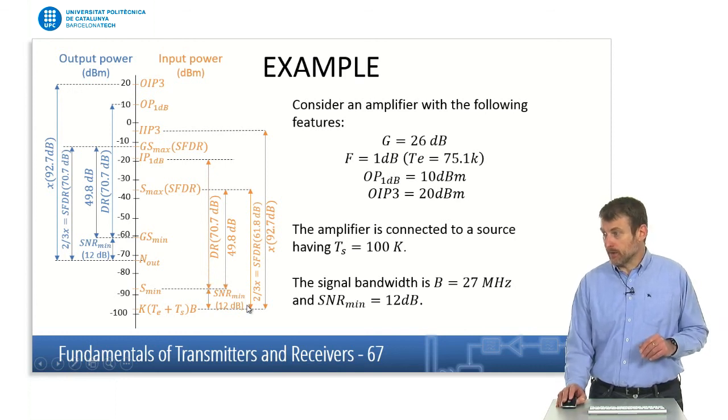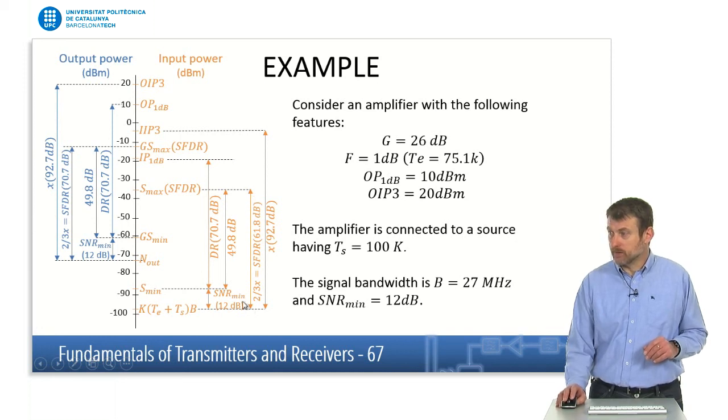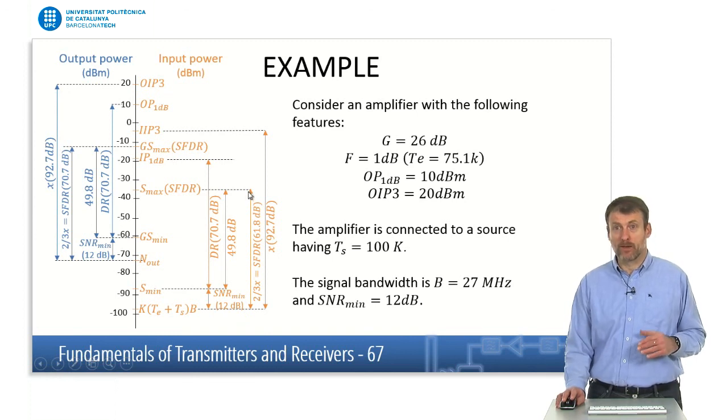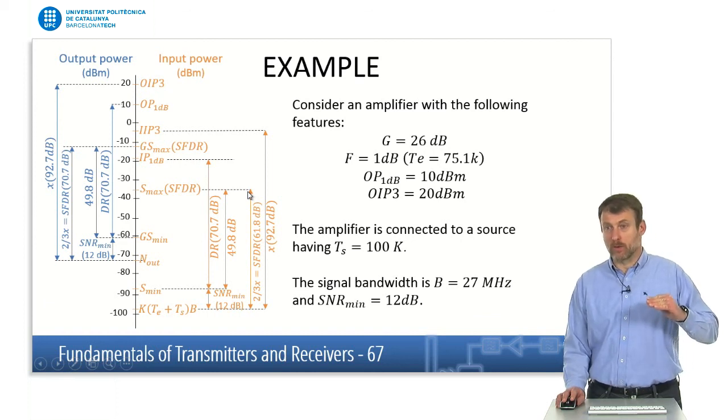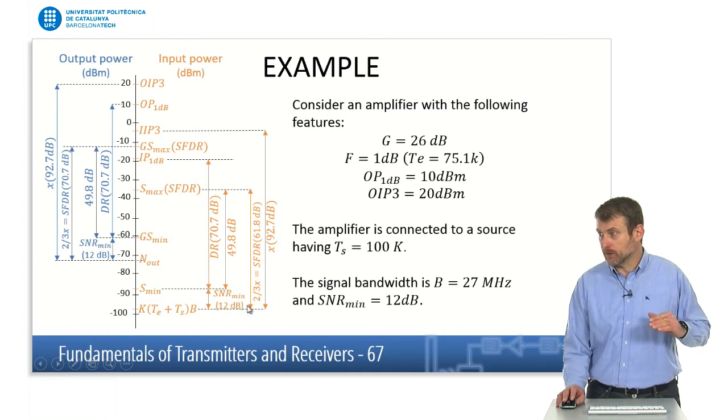On the other hand, this power range between here and here is the power range at which the power of the intermodulation products at the output do not go over the noise power at the output, right?